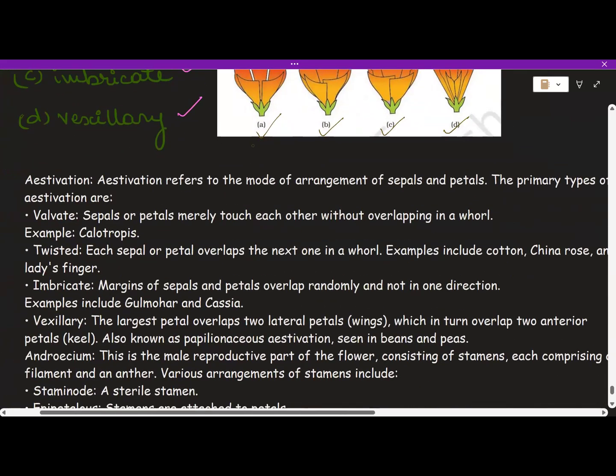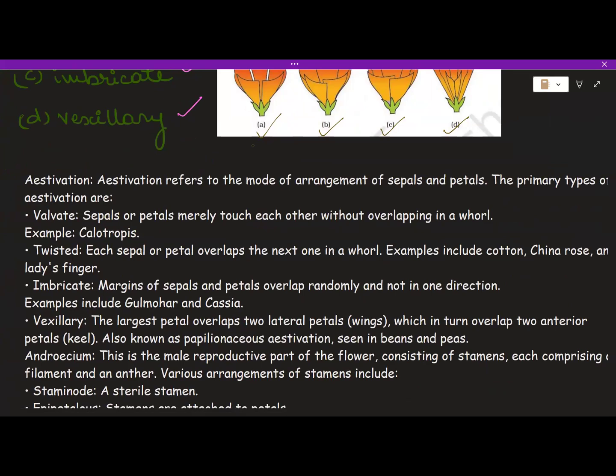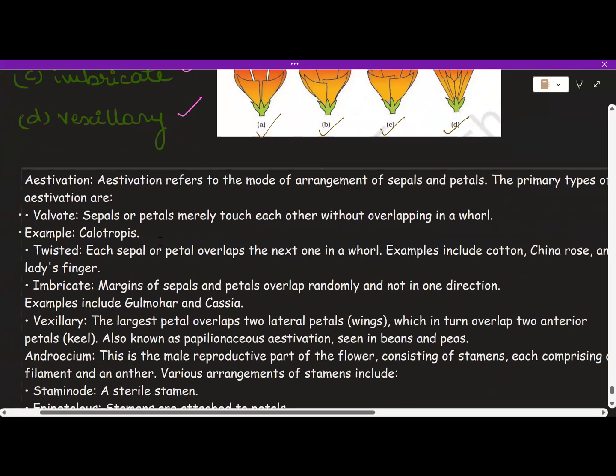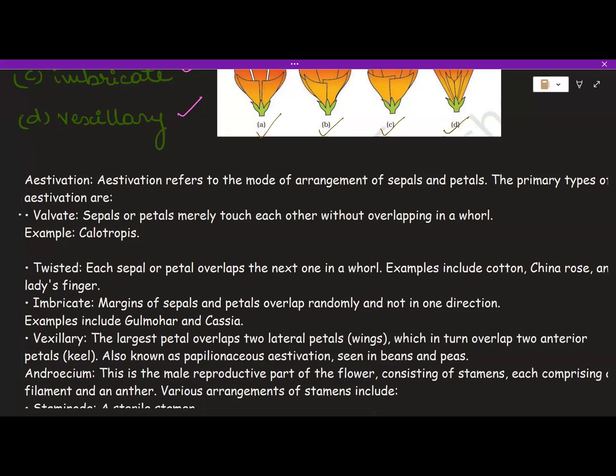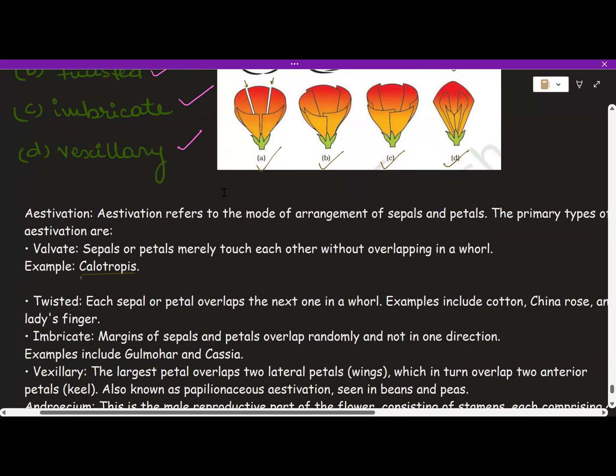So in this case, the sepals or petals barely touch each other and there is no overlapping. Such a type of estivation is called valvate estivation, and this one is found in the case of Calotropis.